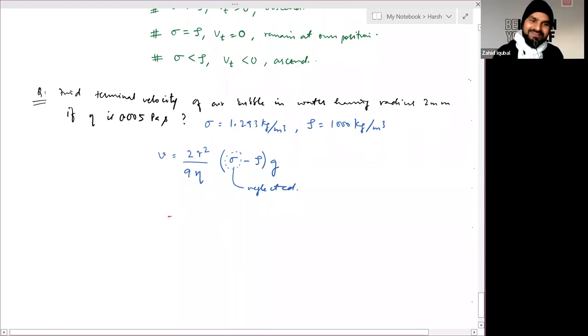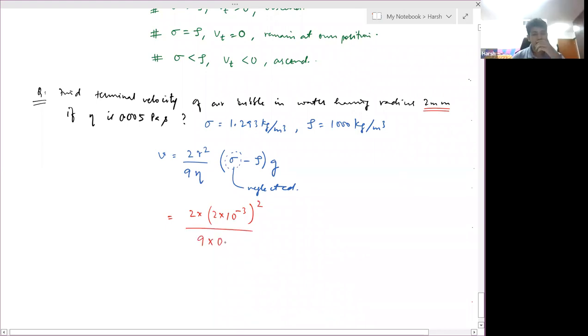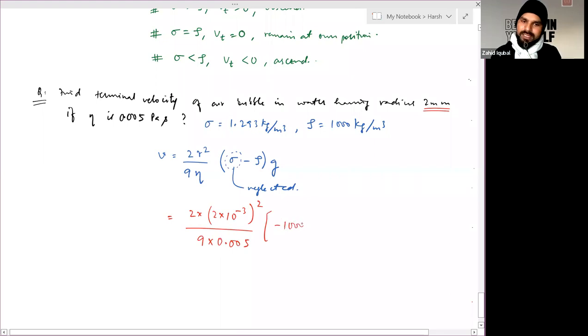Okay, let me solve. We have 2, radius is 2 mm. To convert it into meter, it will be 2 into 10 to the power minus 3, whole square, divided by 9 times eta, which is 0.005. Bracket, sigma is neglected, and rho we have minus 1000 into gravity 10.